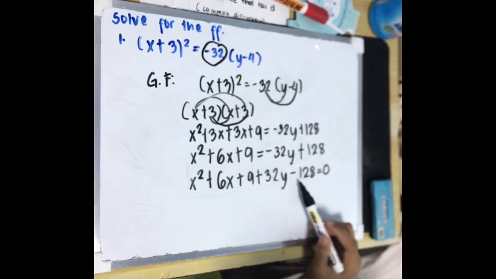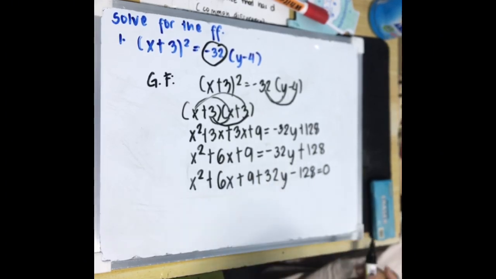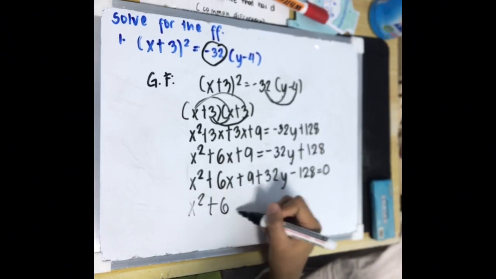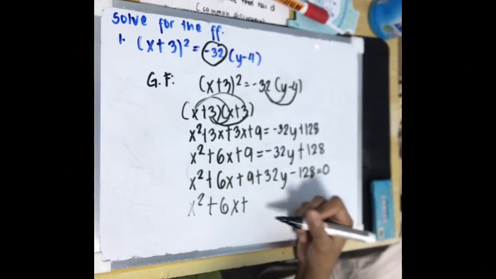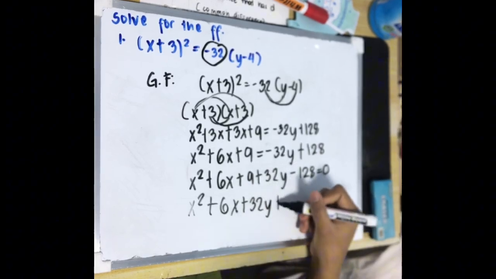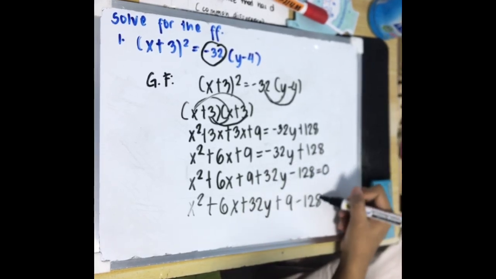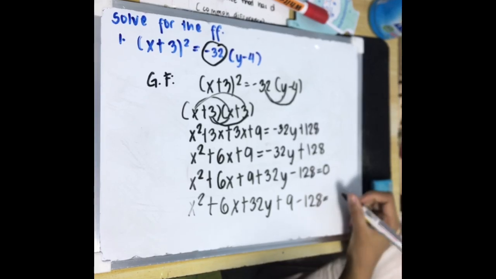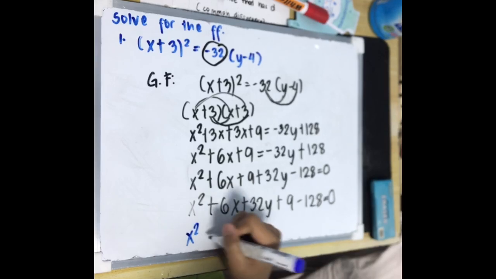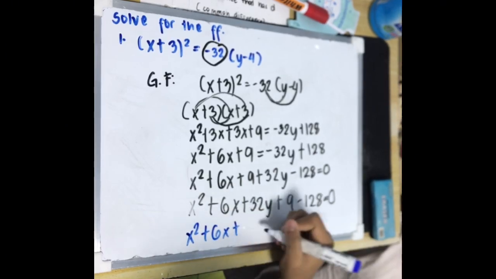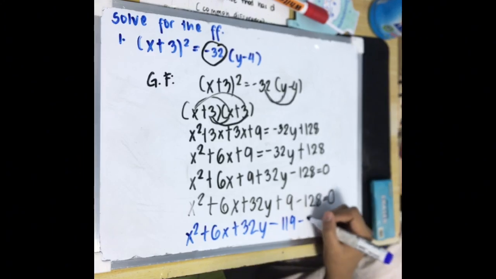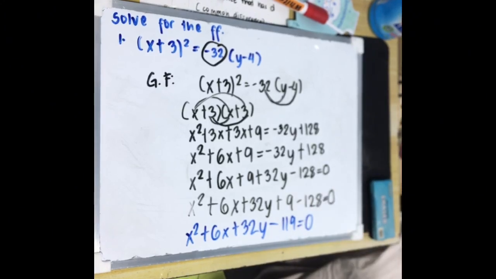And naging negative to kasi nalipat rin siya. So, let's try to arrange it na. Final, arrange siya. So, ganyan. This will be our general form. So, ayan po yung general form natin.